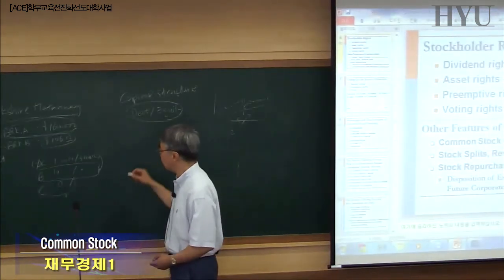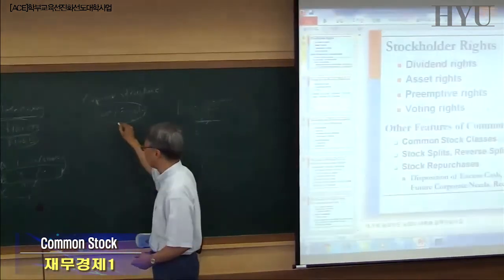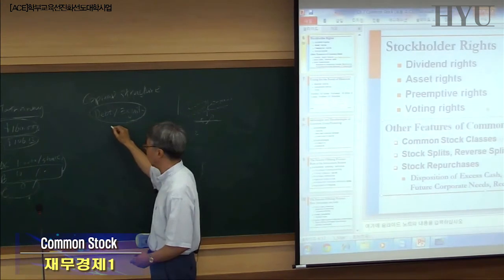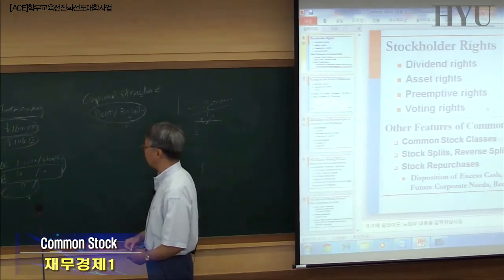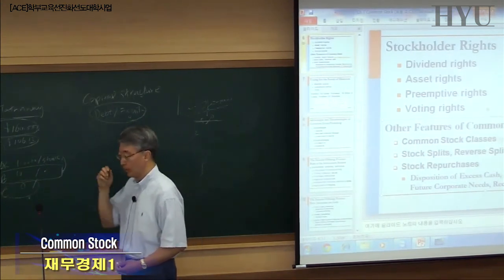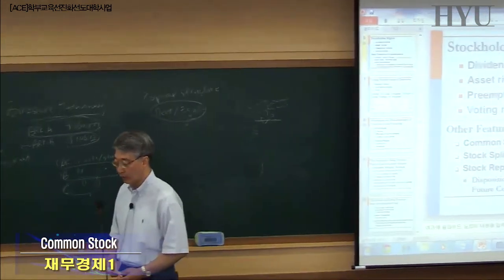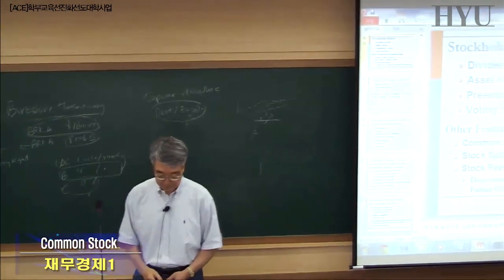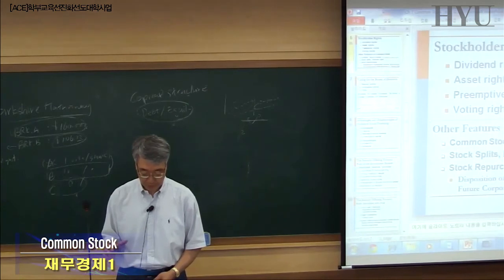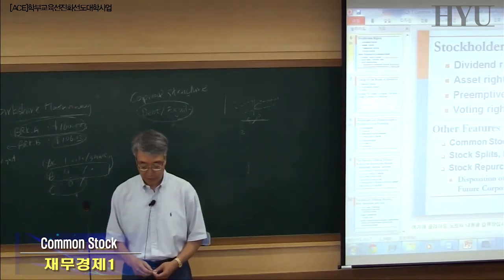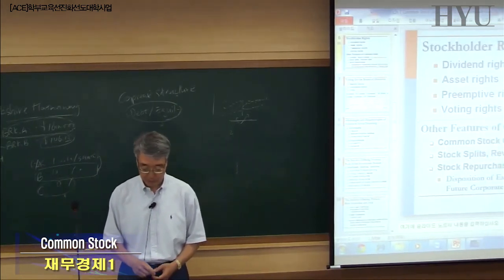If you repurchase the stock, equity will go down, right? And debt may not increase because they may be using the cash holding. But for some reason, if they need to rebalance the debt equity ratio, they can use the repurchase of stocks.